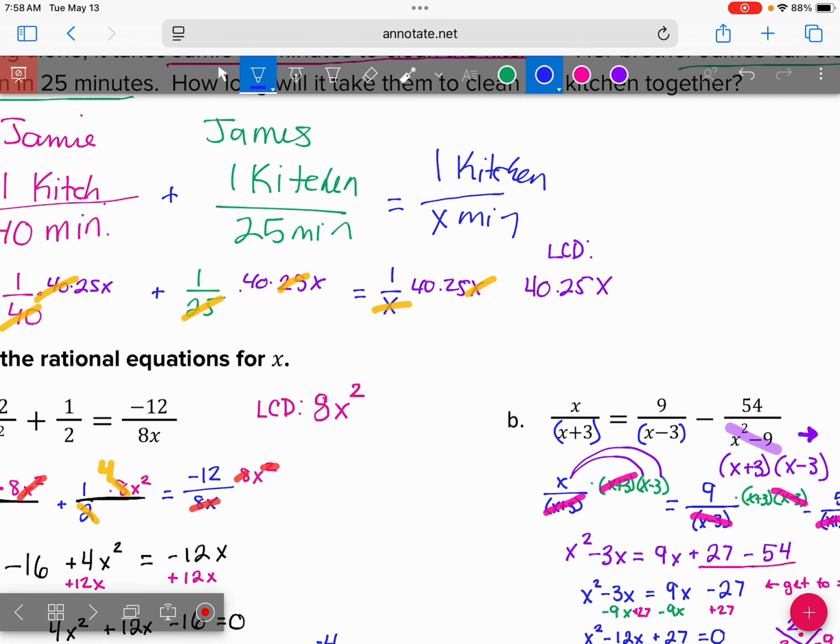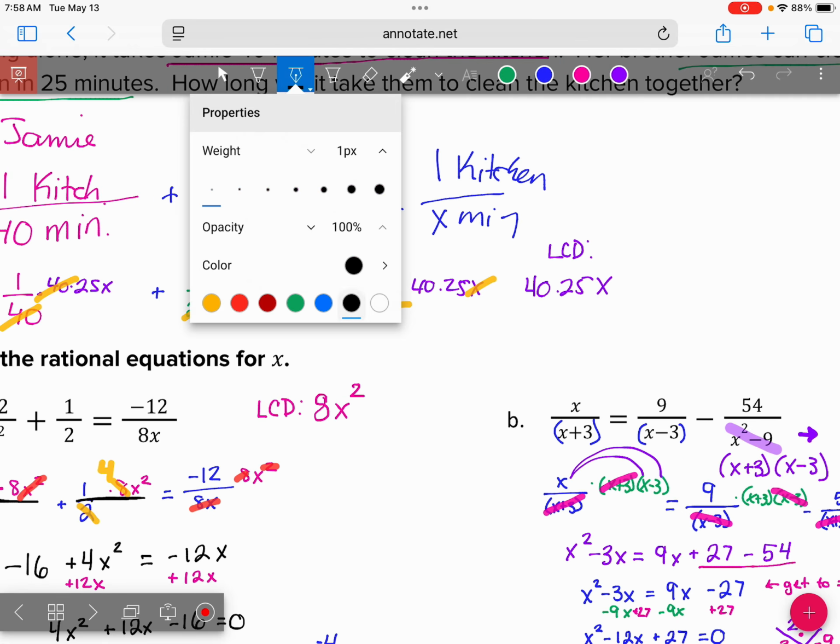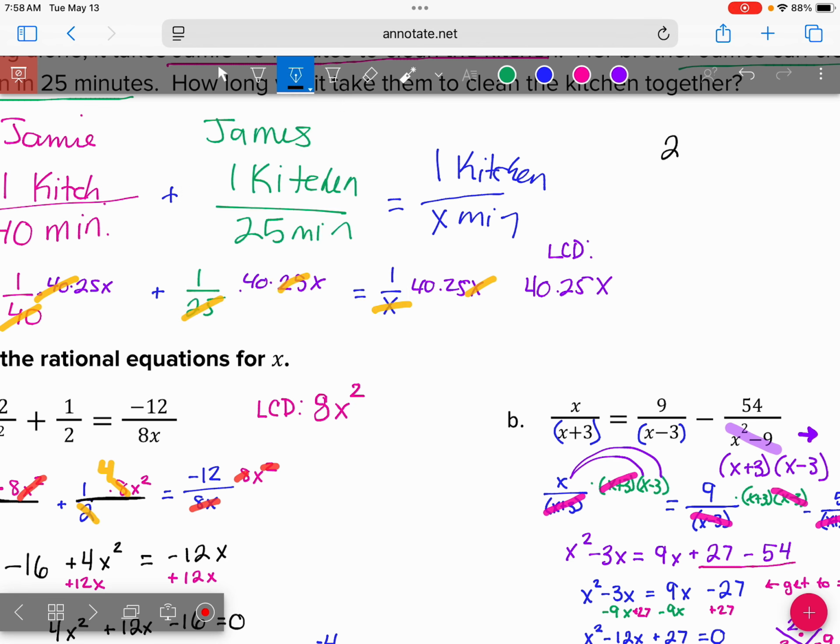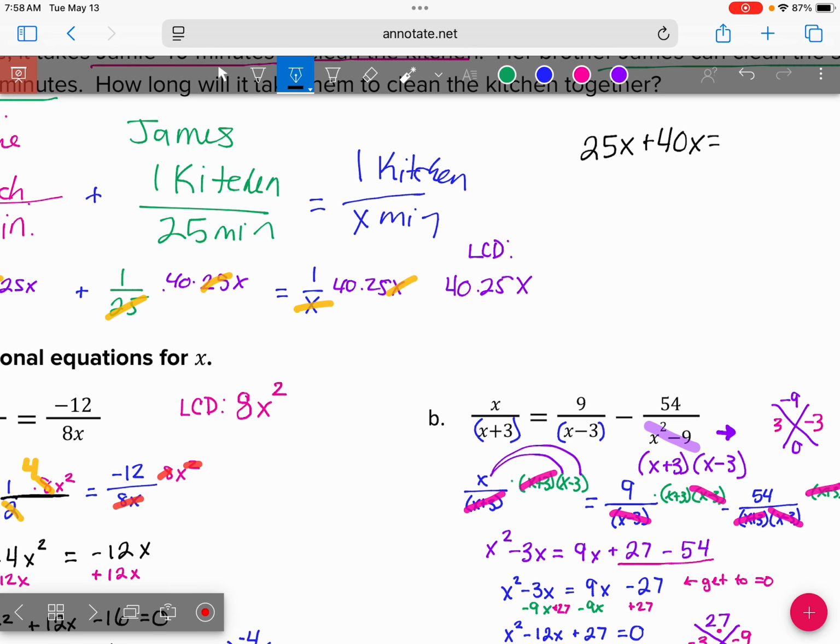That's going to turn into 25X plus 40X equals 40 times 25, which is 1,000.